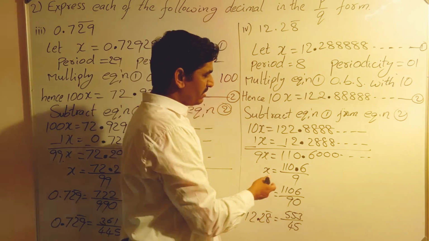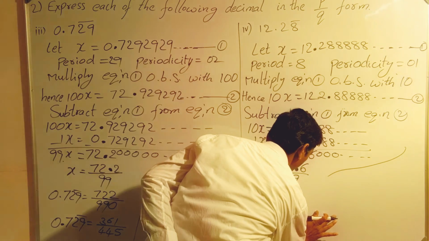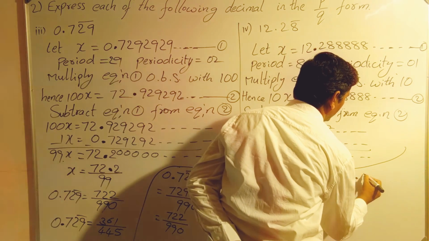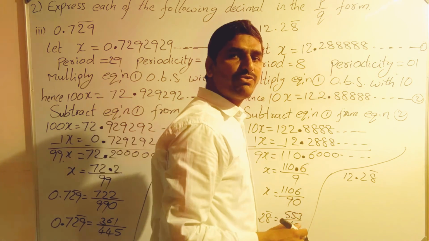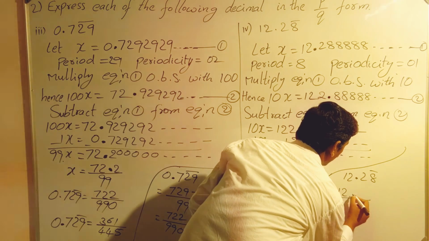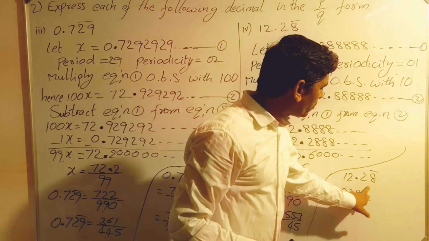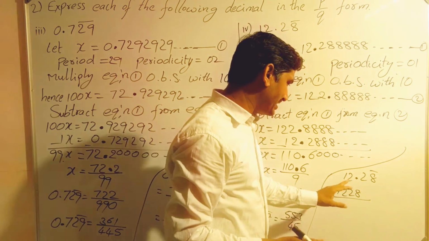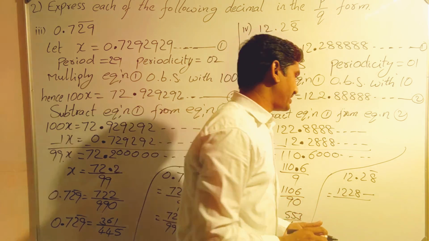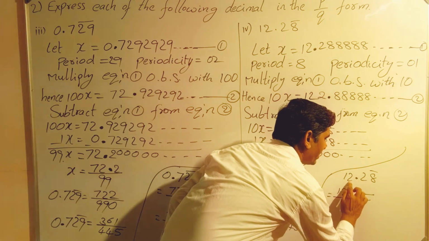There is a shortcut for 12.28 bar also. First we have to write the complete number, 1228, minus the remaining number except the bar. The bar is only for 8, so the remaining is 1, 2, 2.